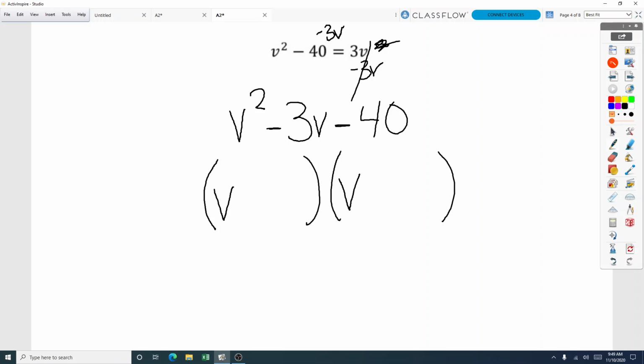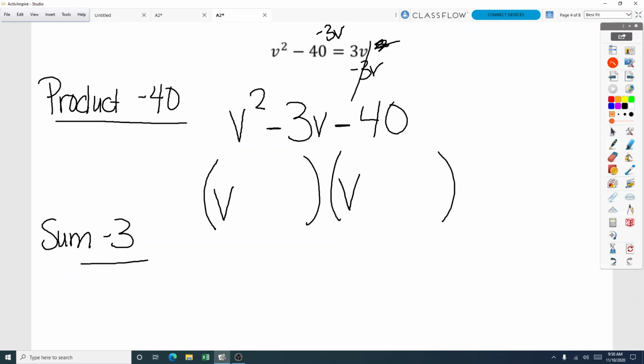And then I have to go back to that old factoring stuff. I'm going to say the product of negative 40 has to have a sum of negative 3. Now, because the product is negative, I know that 1 is positive and 1 is negative. But because the sum is negative 3, I know that my larger number is negative.